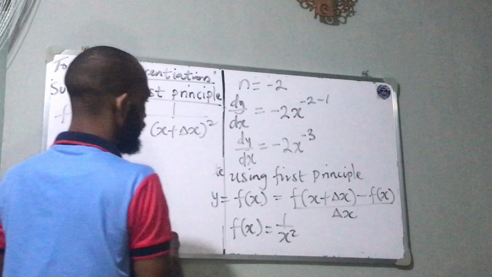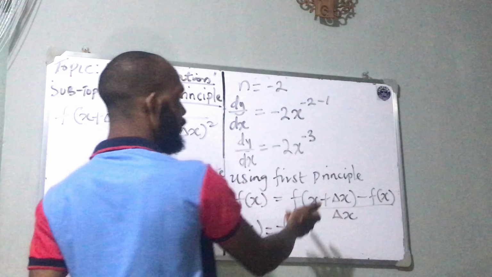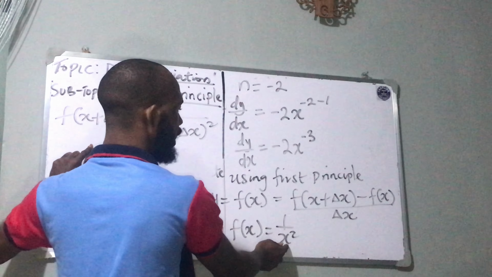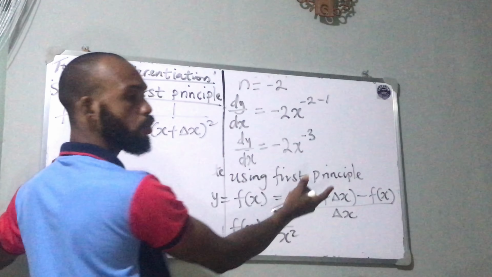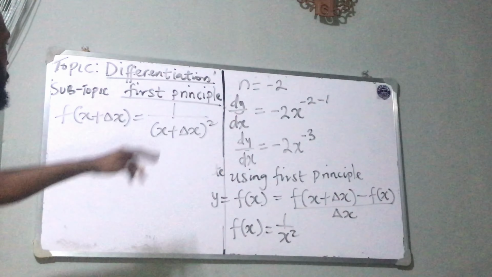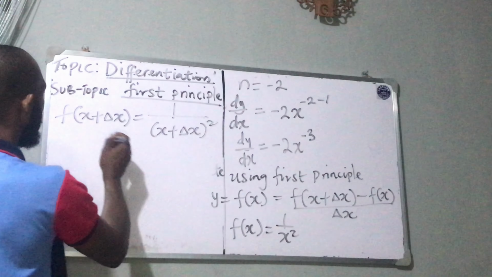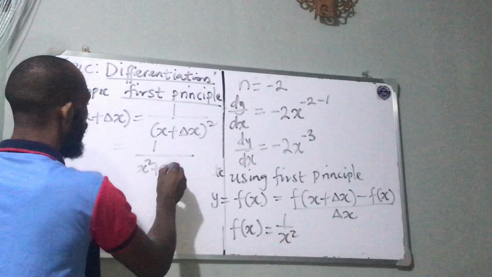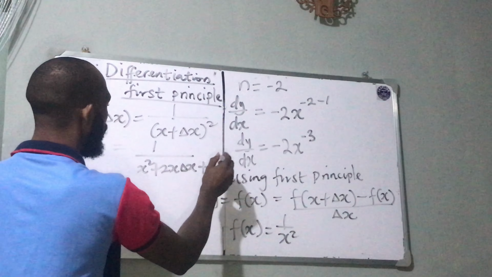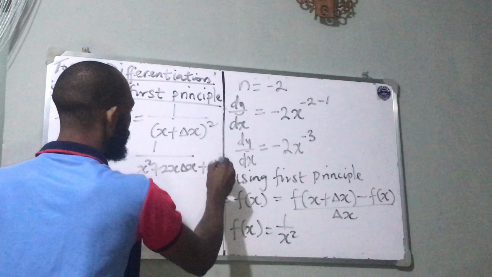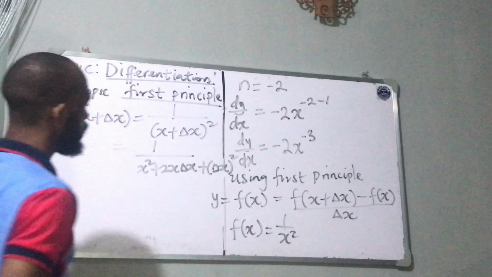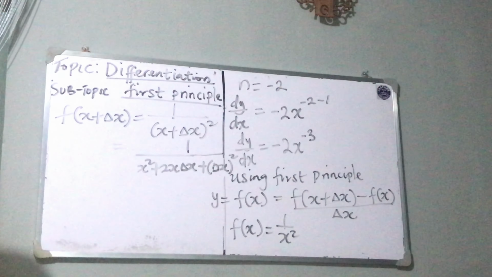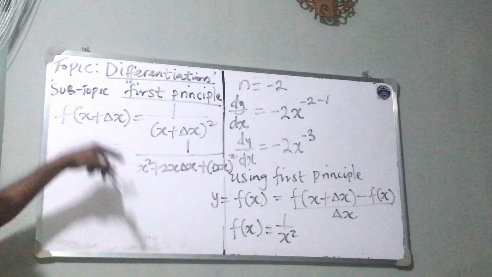Because since I'm looking for f of x plus change in x, anywhere I see my x, I'll put my x plus change in x, then I'll square it. Okay, that will give me that. So when I expand this, I should have 1 over x squared plus 2x change in x plus change in x all squared. So this is my f of x plus change in x.